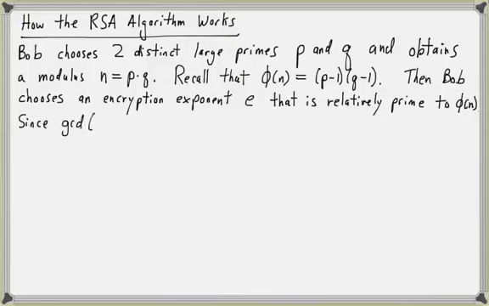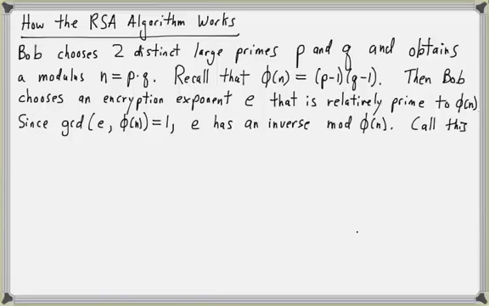So since the GCD of E and phi of N is 1, since they're relatively prime, we can find the inverse of E mod phi of N. So E has an inverse mod phi of N. We're going to call this inverse D, and this is going to be the decryption exponent.